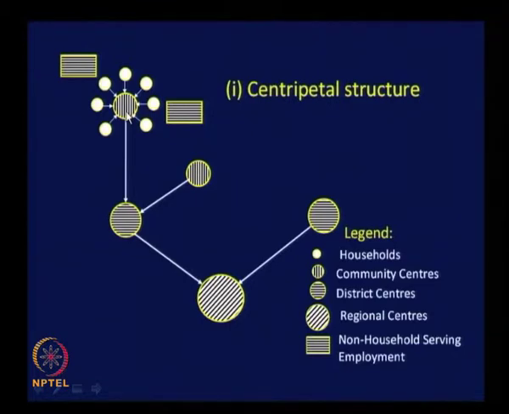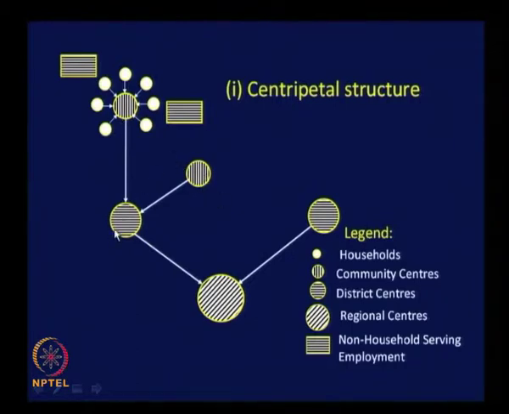Then you can see several community centers, one here, another here. These community centers, and there could be several more around the other parts, are focusing on this circle, which is nothing but the district center. So, several community centers are focusing on the district center.